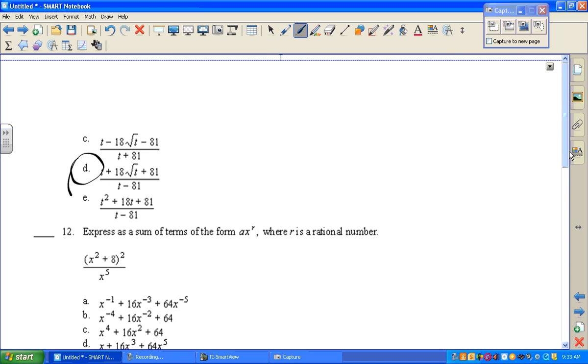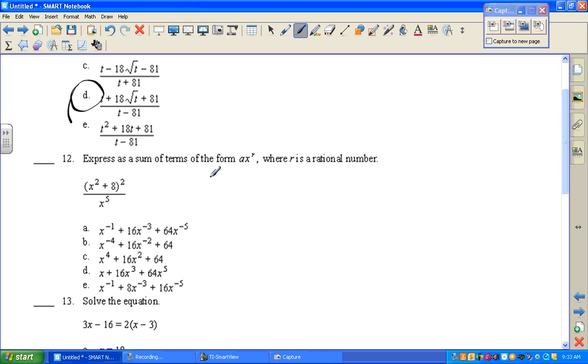It is D. How do you express this as a sum of terms where the a x to the r is a rational number? What do the directions mean for that one? Alex? Well, you would distribute the squares.